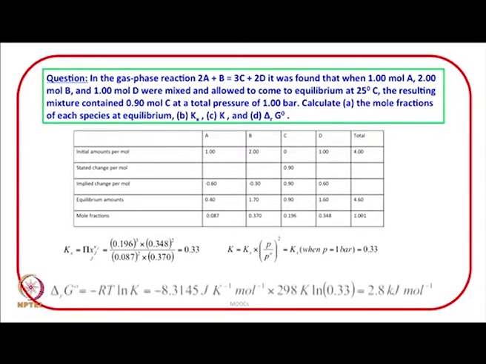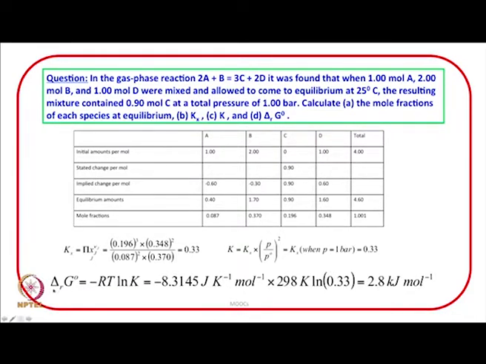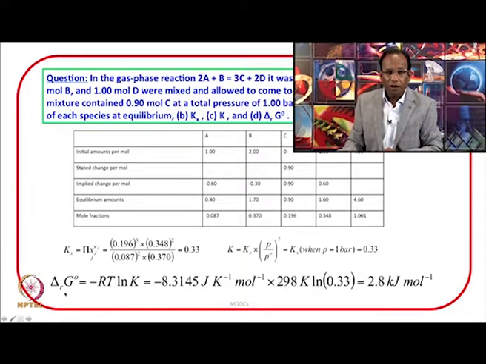If we know K now, immediately we will be able to calculate the standard reaction Gibbs energy, delta RG naught. Delta RG naught is minus RT log K. You substitute the value of R in appropriate units, the value of T and log K, and we get an overall value of 2.8 kilojoules per mole.